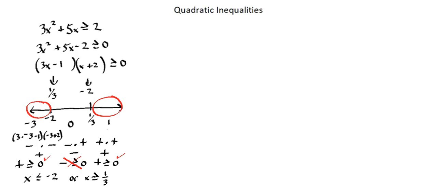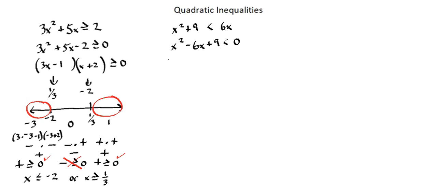Let's look at a second example. x squared plus 9 is less than 6x. We begin by setting the inequality equal to 0, and we'll subtract 6x from both sides. x squared minus 6x plus 9 is less than 0.